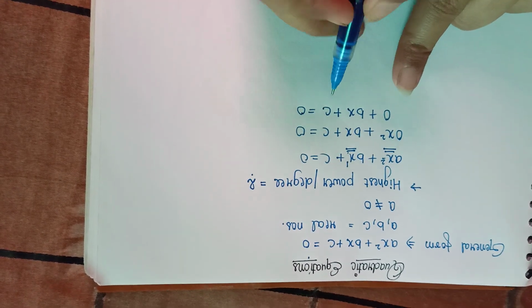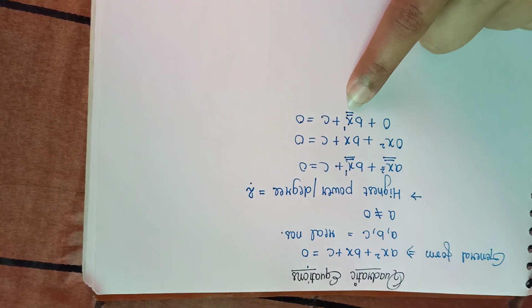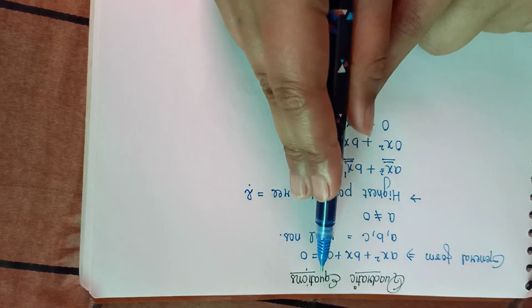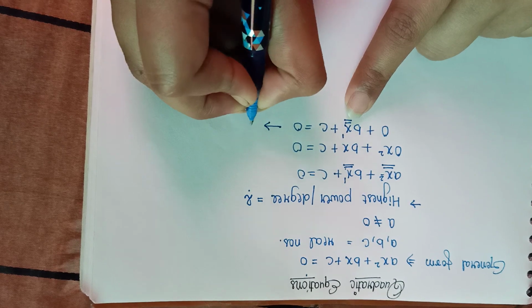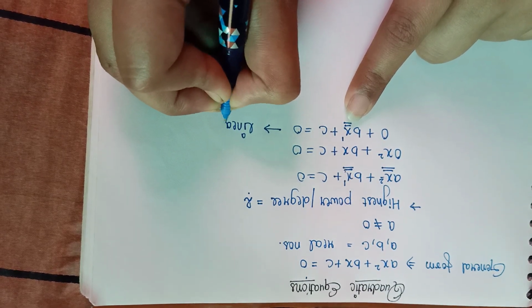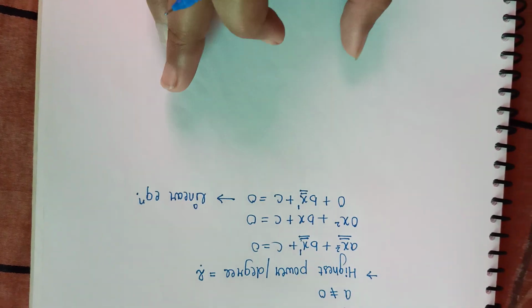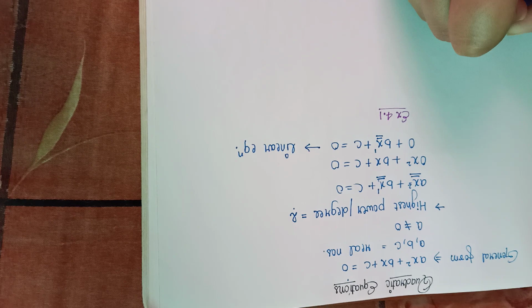Here the highest power of the variable is 1, which shows that it is not a quadratic equation. Now this equation converts into the linear equation.